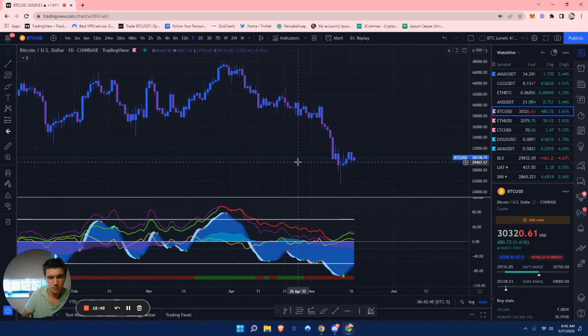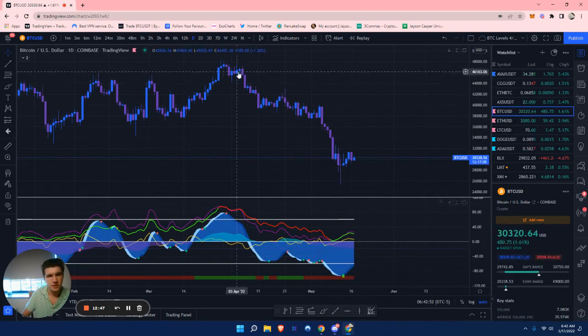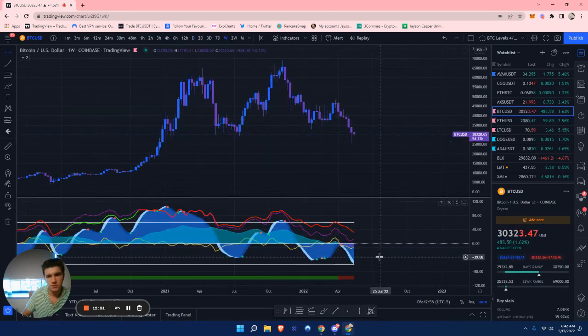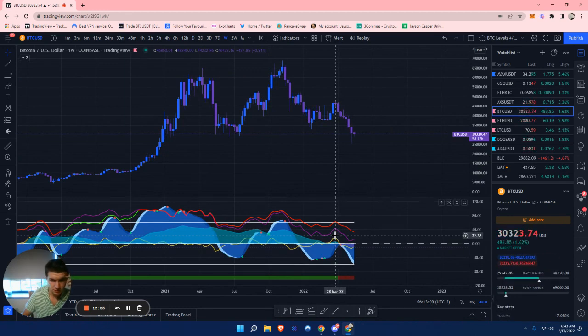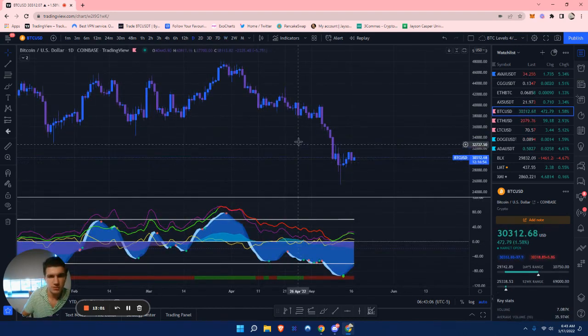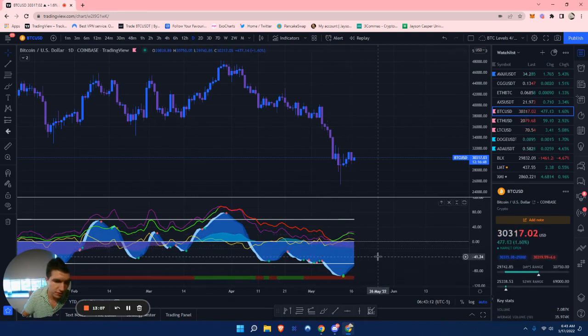So just right now, looking at the daily time frame, you can see money flow is coming down, and the weekly money flow is coming down too. However, the RSIs look to be kind of oversold. So again, this might negate the power of the move. But again, you want to look at the daily, see what the daily is doing for the day. Right now, we're in a negative money flow crossover.